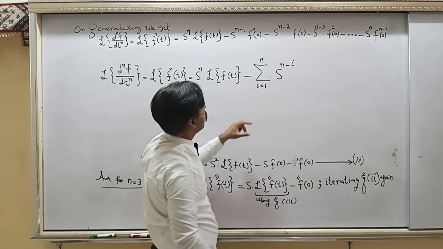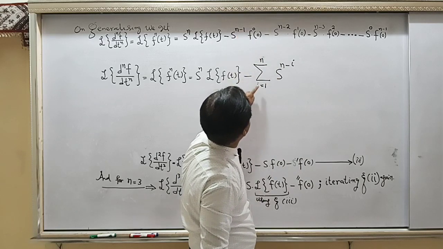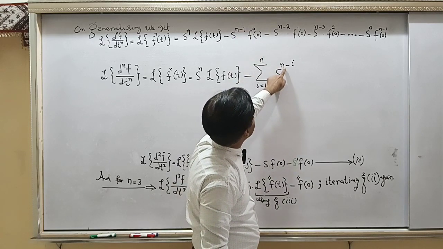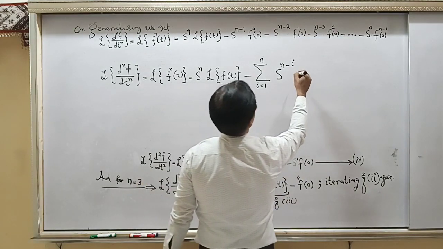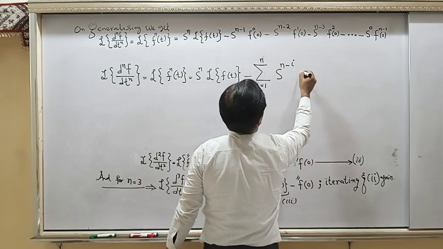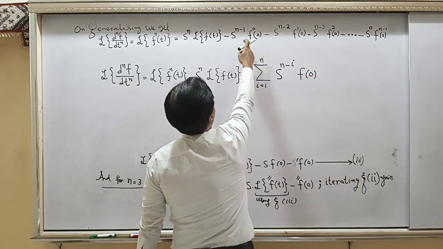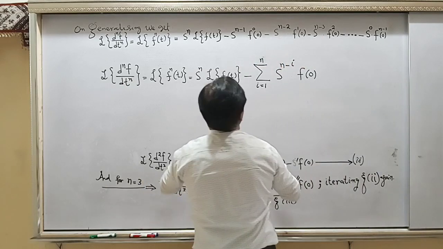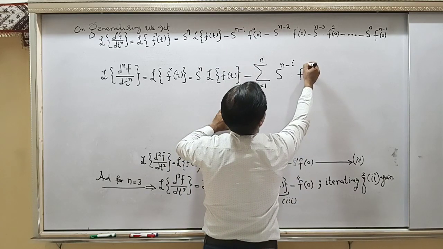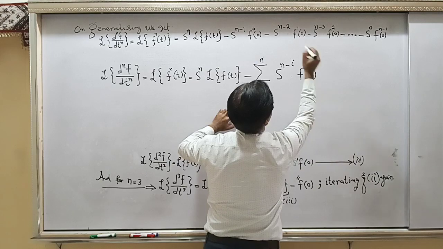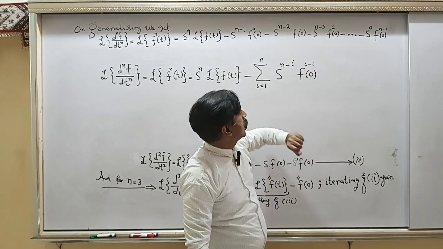When i is 1, then n minus 1 here. When i is 2, then it is s^(n-2), and so on. Now you need to multiply with the order of the derivative of f at 0, and the exponent should be i minus 1.